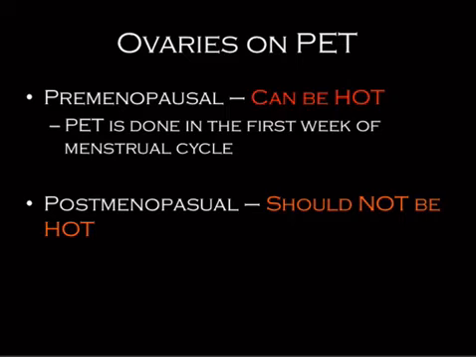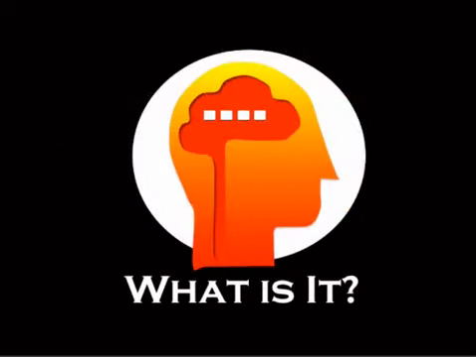So this kind of stuff would be perfect. When do you do the PET? First week of the menstrual cycle. Why? So you're not confused by that. You don't think that that's something that's a cancer. And in a postmenopausal situation, they should never be hot. So if they're not working and they're not actively functioning, they should not be hot. And in that case, you should be suspicious of malignancy.